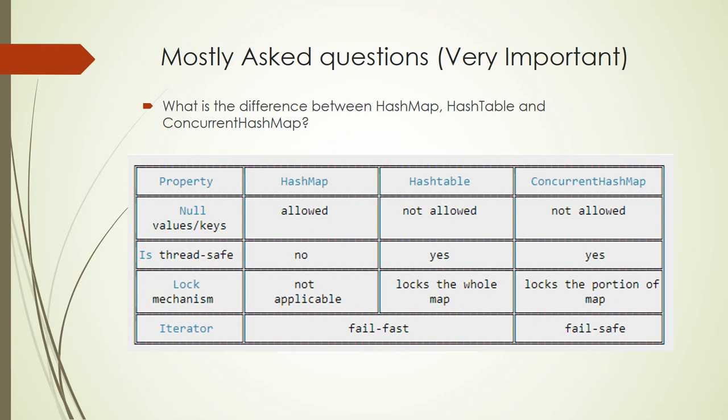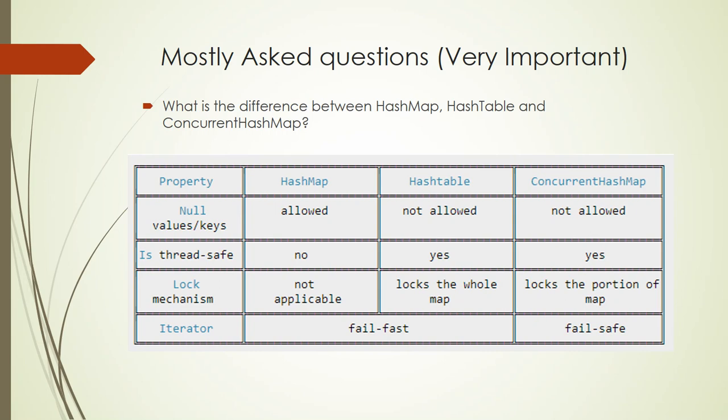So modification in one bucket and modification in another bucket can happen with different threads. This improves the performance. So you can note down this table.